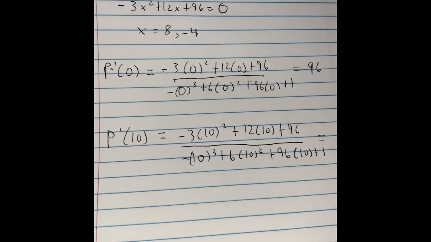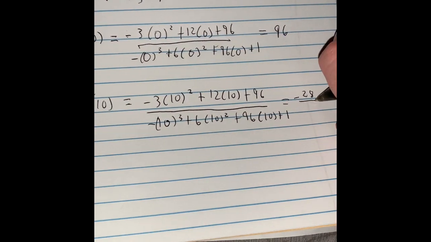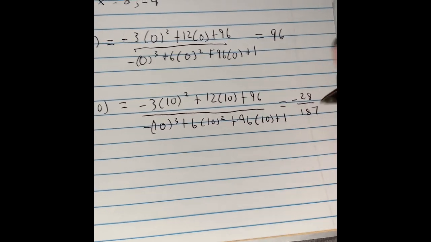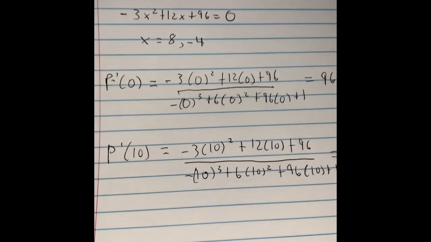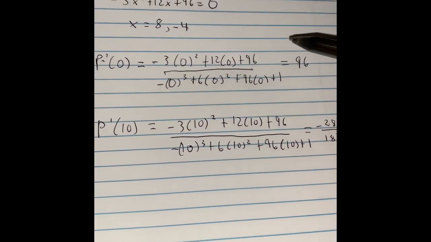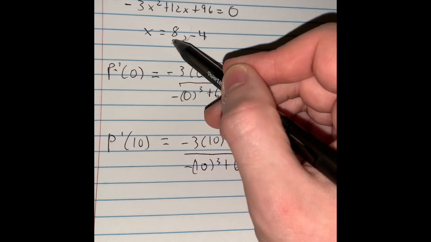And that is going to give us negative 28 over 187. And now based on this rule, we know that we are going to want to use our critical value of 8.